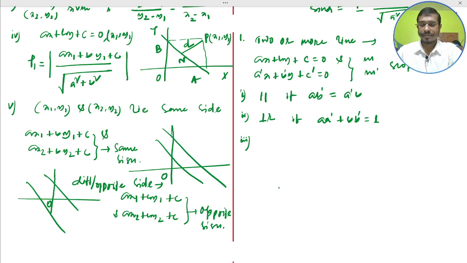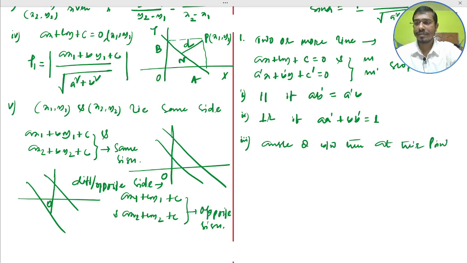Angle theta between them at their point of intersection.